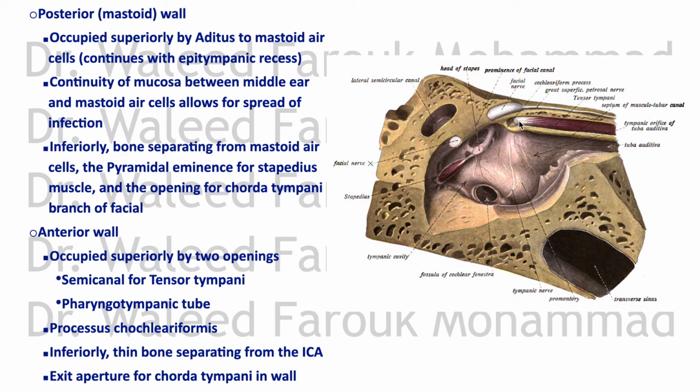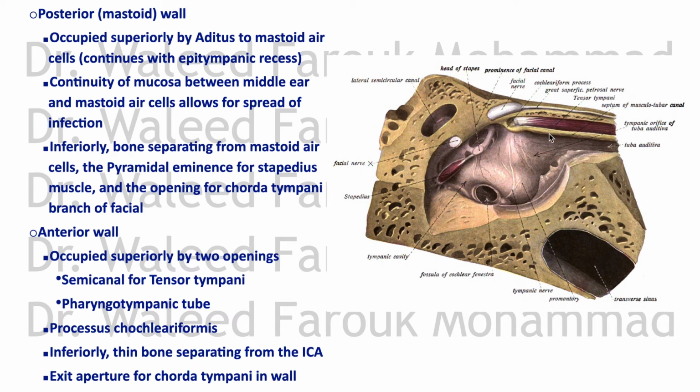The tensor tympani will hook around this processus cochleariformis and go to the lateral side towards me to insert into the handle of malleus. Which you can see here because we removed the lateral wall and we are looking to the inside, to the medial wall of the middle ear. Okay, so you have this opening and processus cochleariformis.